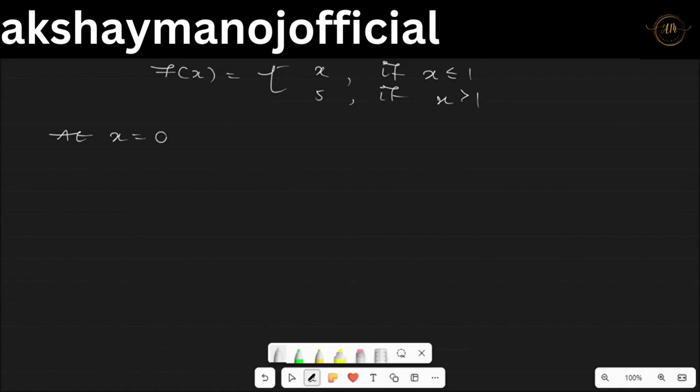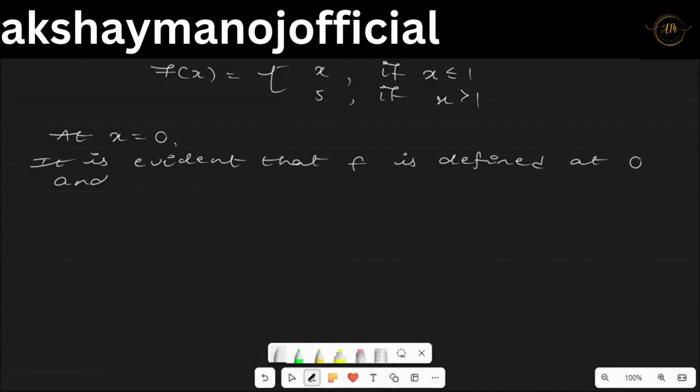What is it at x equals 0? It is evident that f is defined at 0 and its value at 0 is 0. Right?